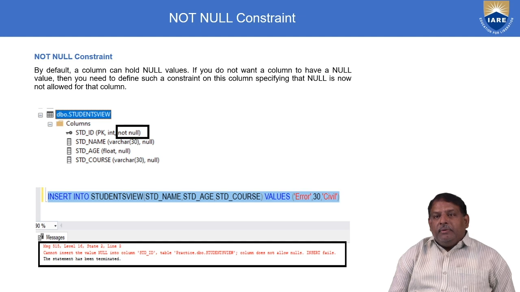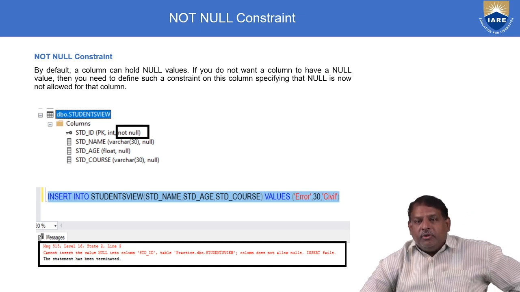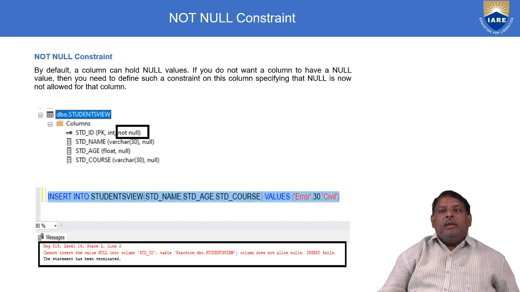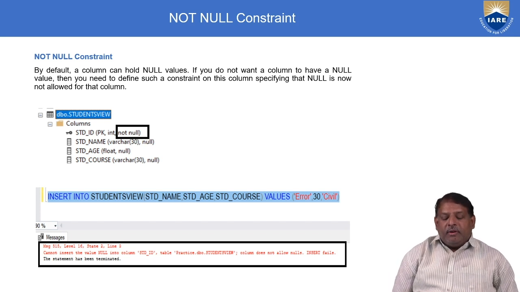For example, I'm trying to insert into the student view table name, age, and course. I'm not giving the std_id, which is a not null column. So I get an error saying cannot insert the value NULL into the column std_id, table practice.student view. Column does not allow nulls. Insert fails.